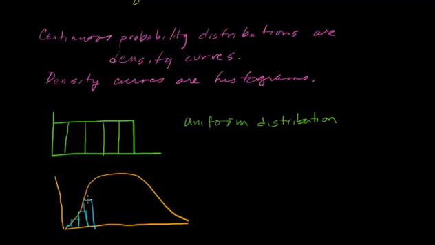If you could make these thinner and thinner, then you have bars like a histogram, where still the height is the probability.